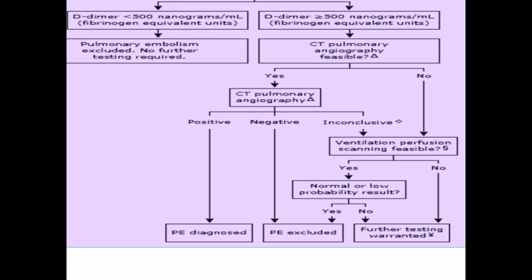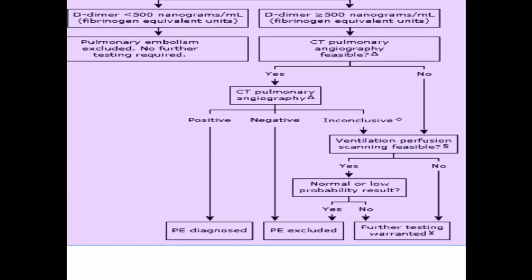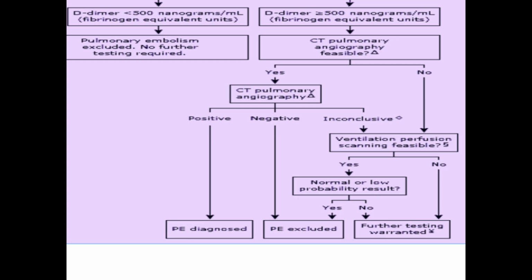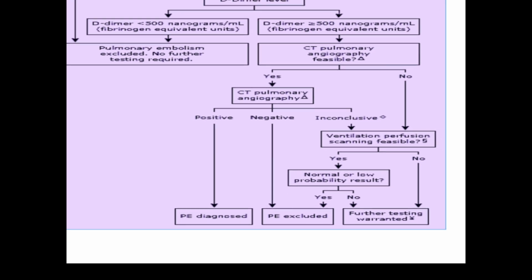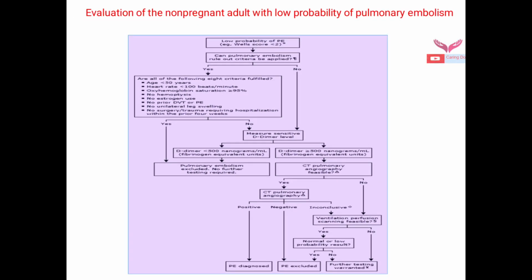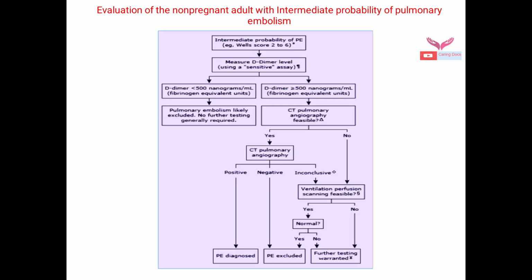If it is feasible and it is done, and if it is normal or low probability result, then pulmonary embolism is excluded. If it is not normal or not feasible, then further testing is warranted. This was the algorithm for adults with low probability of pulmonary embolism on Wells score.